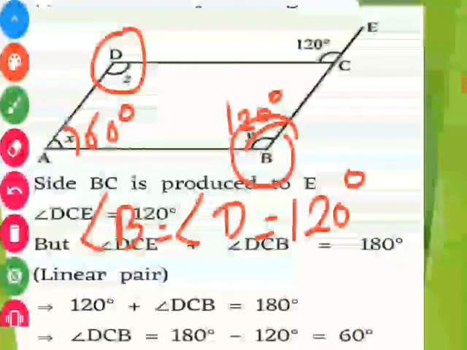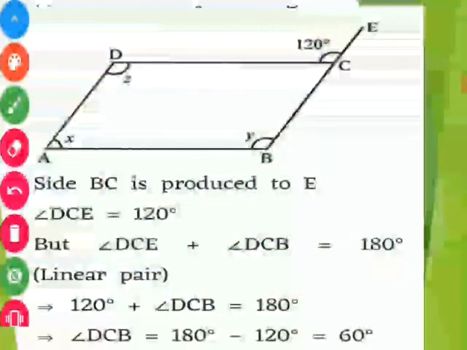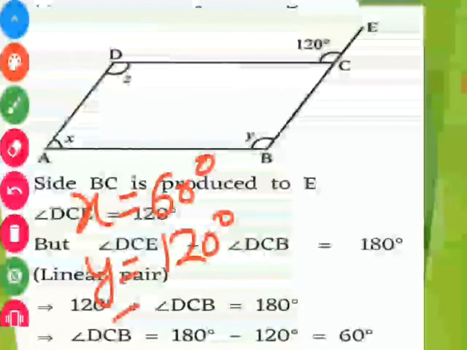Similarly, angle C will be equals to 60 degree, because opposite angles of a parallelogram are equal. Therefore angle A is equals to angle C. So this way we have calculated all the three angles. Angle x is 60 degree, angle y is 120 degree and angle z is equals to 120 degree.